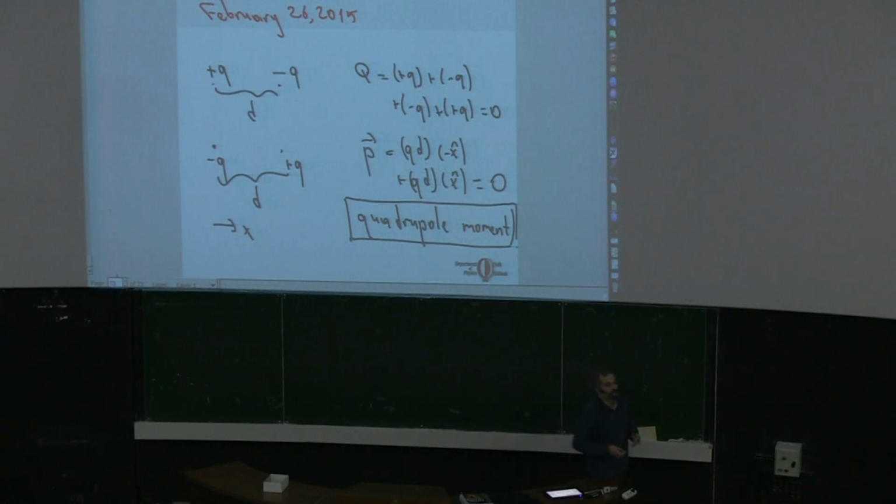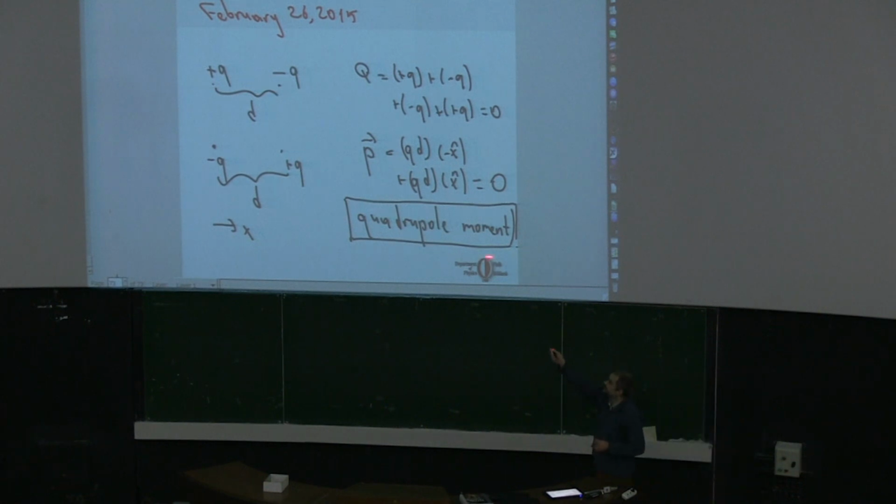This is a kind of Taylor expansion. The first term is the electric charge, then you have the dipole moment, then the quadrupole moment, and it can go up to infinity.